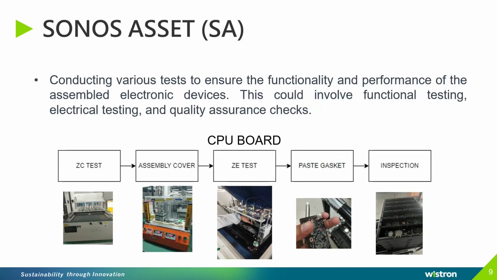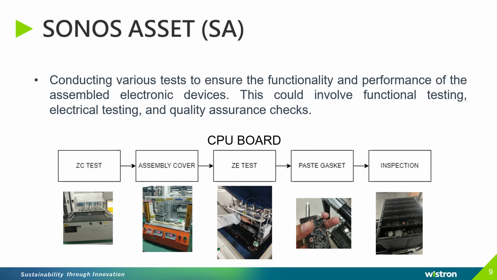So the SA section conducts various tests to ensure the functionality and performance of the assembled electronic device. This could involve functional testing, electrical testing, and quality assurance checks. So the Apollo board and Neptune board need to go to the SA section to test the functionality of the board.